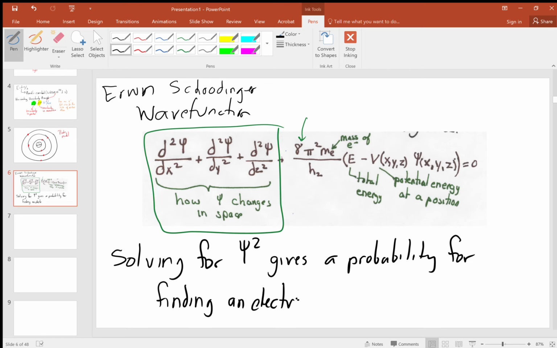And more specifically, for finding an electron in a defined region of space. So really what we're saying at this point is that thanks to what Heisenberg came up with and found, turns out we can't truly define where an electron is. The best we can do is say that an electron exists in a certain region of space.